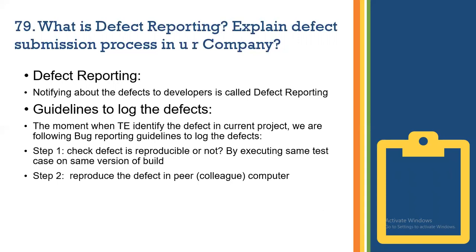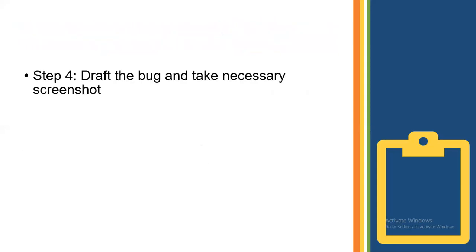Reproduce the defect on a peer or colleague's computer. Check the defect database for duplication, whether this kind of defect is already reported or not. Then draft the bug and take the necessary screenshot.